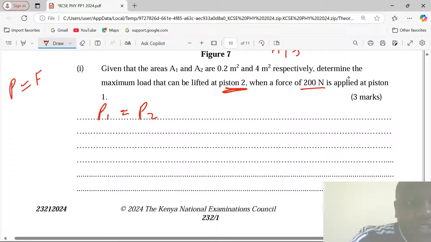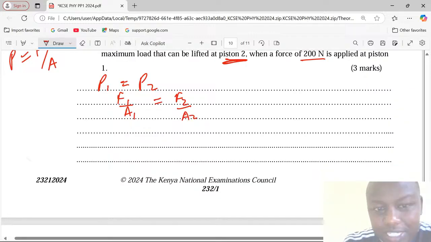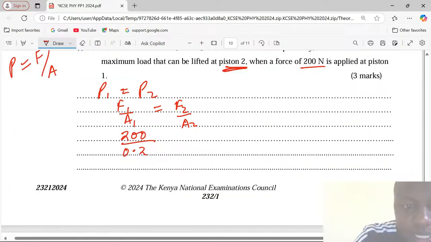We need force over area. Therefore, force 1 over area 1 should be the same as force 2 over area 2, because pressure is uniformly transmitted. Therefore, an effort of 200, area 0.2, is equivalent to the load which can be lifted, force 2, out of area 2, which is 4.